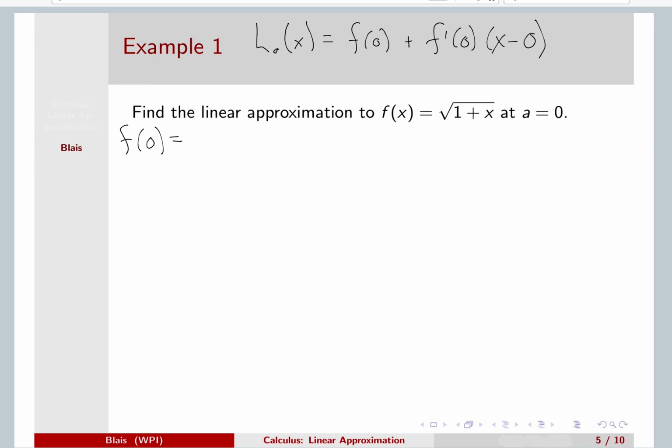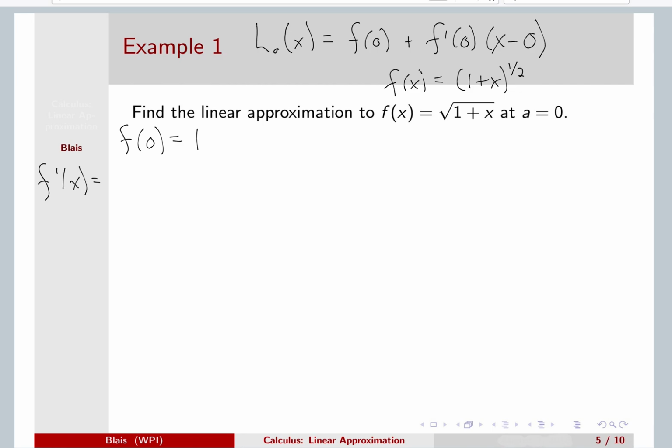For f of 0, we simply plug in x equals 0. We get root 1, or 1. Looks like we'll need our derivative. So for f prime of x, we should rewrite our f of x so that we can differentiate it more easily, rewriting the square root as a 1/2 power.